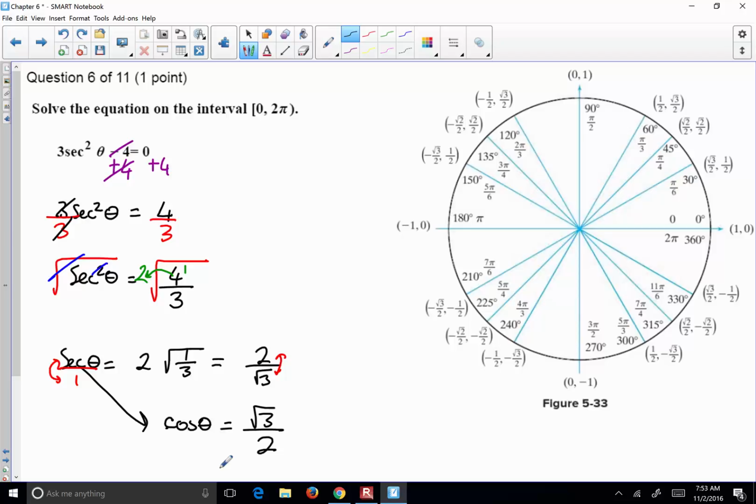But well, where is that mistake? Yeah, there's a mistake.